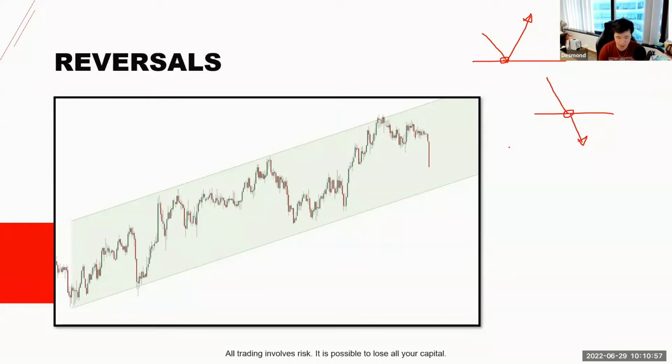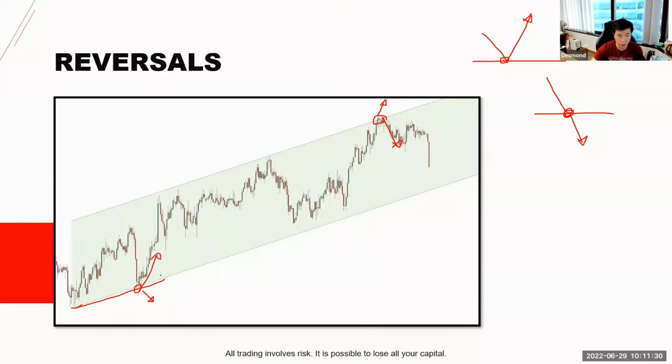The great thing is that candlestick patterns do a really good job of helping you filter out whether a breakout is a confirmed breakout. I think many of us have experienced situations where it looks like price might break out of the channel, but then it reverses. Or it looks like price is breaking out of a trend line, you think it's going to go out, but then it reverses upwards instead.